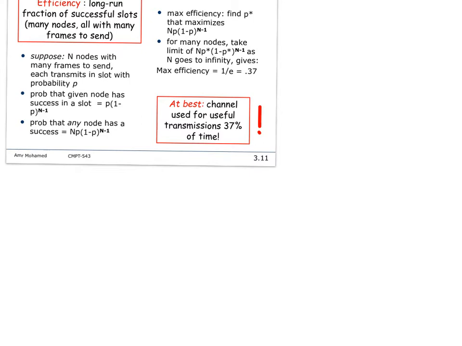We don't know when the node is going to send on any time slot, but we know that the node will access this time slot with a probability P, which means that it will not access this time slot with a probability 1 minus P.